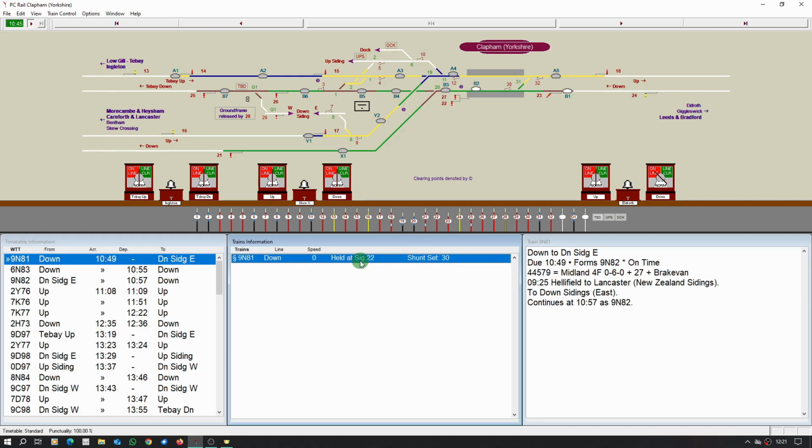Now he's held at 22. I can't change the points, even if I put 23 back. Let's check. See if 31 will go. Now it's occupied by that train, so we need to clear 22. It should then stop behind 30 with the shunt set.